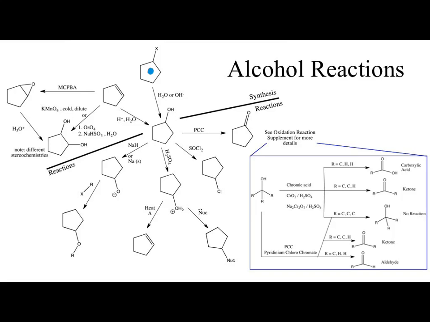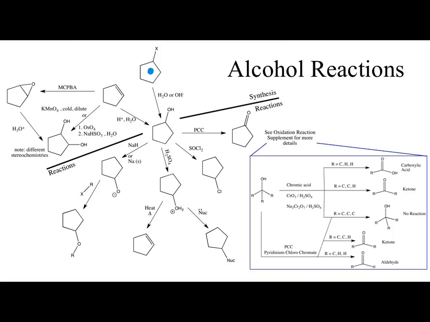What does X stand for? Halogens. We're looking at a carbon-containing compound with halogens in it, so we've got an alkyl halide.